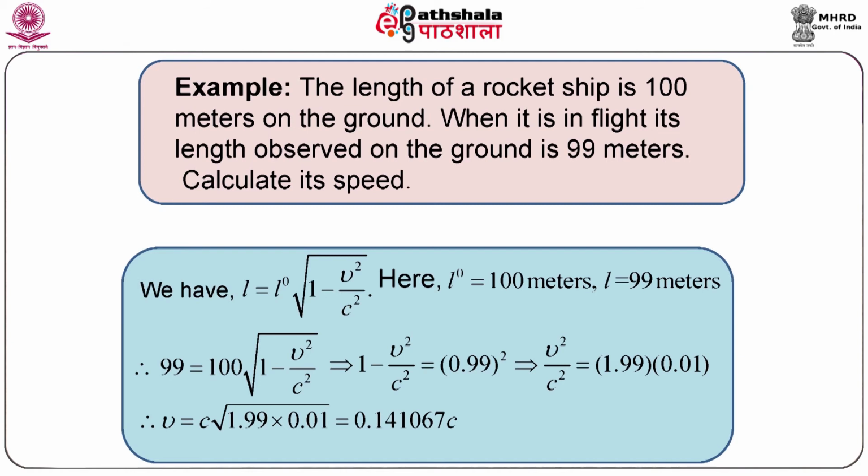That is, we have v square by c square is equal to 1.99 and 0.01. This is a plus b, this is a minus b. Thus, finally, we have v equal to this quantity. Taking the square root, v gives this result. C is the speed of light as usual.